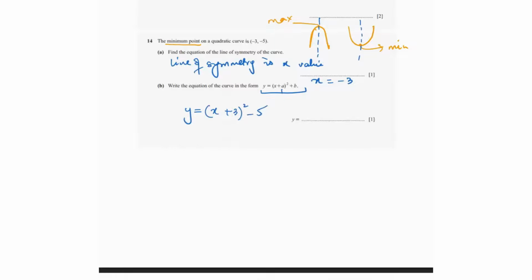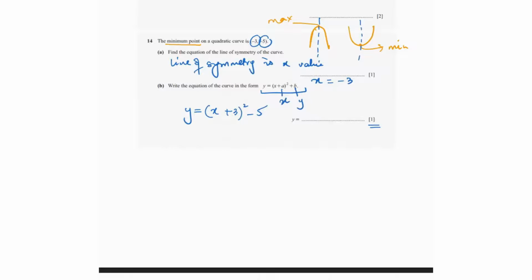The a value is always the x value of this, and the b value is the y value of this. You don't have to do any calculation. If it's a 1 mark question, remember there is not much calculation. You just have to use your knowledge and the question. 1 mark questions are like no calculation questions in most cases. So this is what your line of symmetry is. Line of symmetry in a quadratic equation is always going to be the x value.